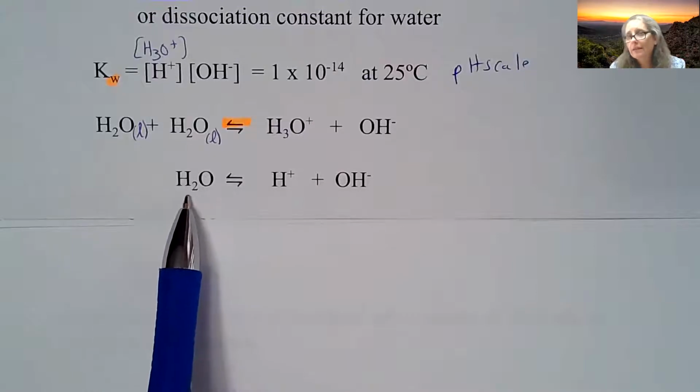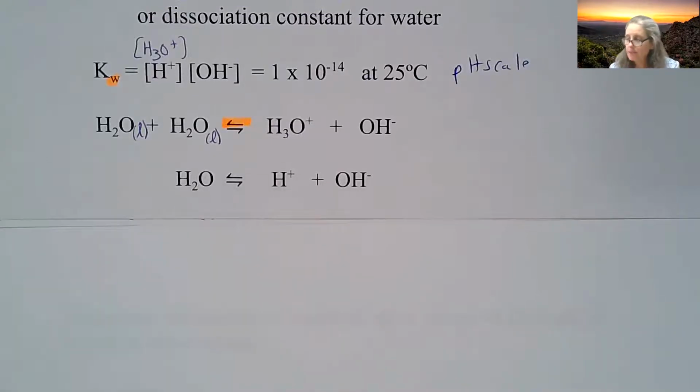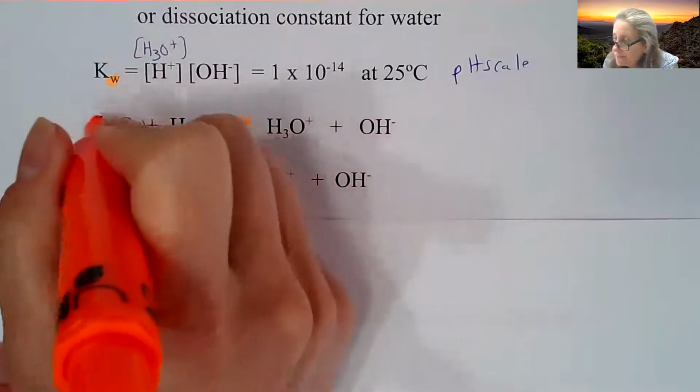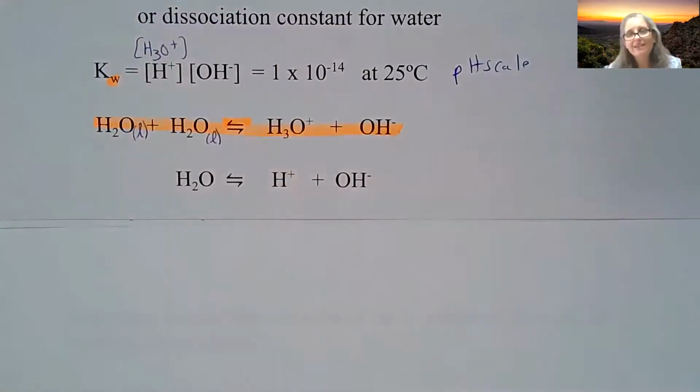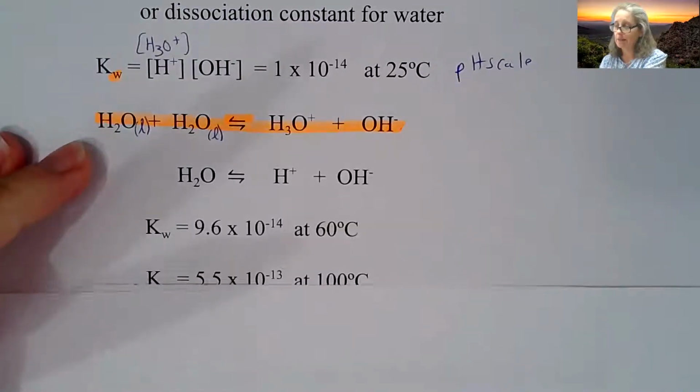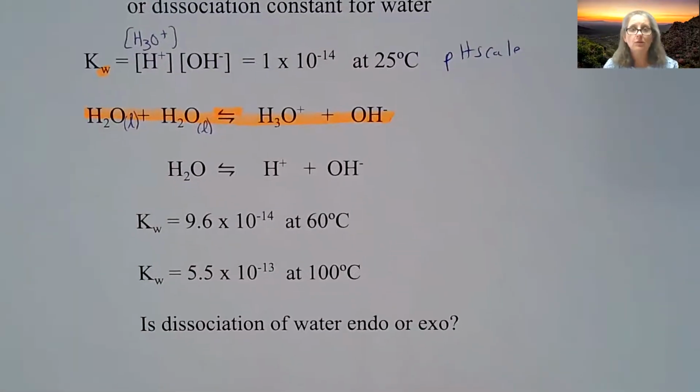I don't like writing it this way that much because the fact is water doesn't spontaneously, by itself, one little molecule, break up into H plus and OH minus. You need the interaction of two water molecules or more for this to happen. But again, if you see it in books, if you write it that way, that's going to be fine. But just know that I like to explain the real situation to you.